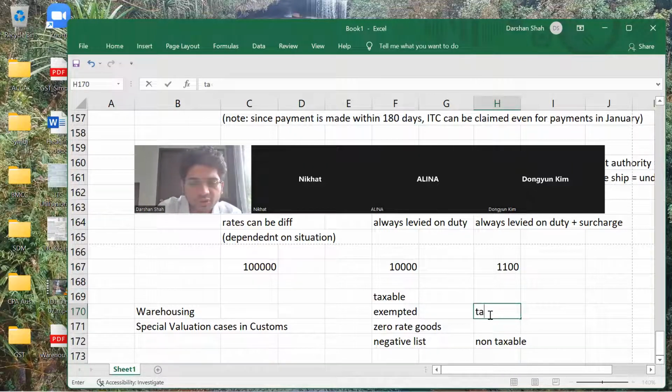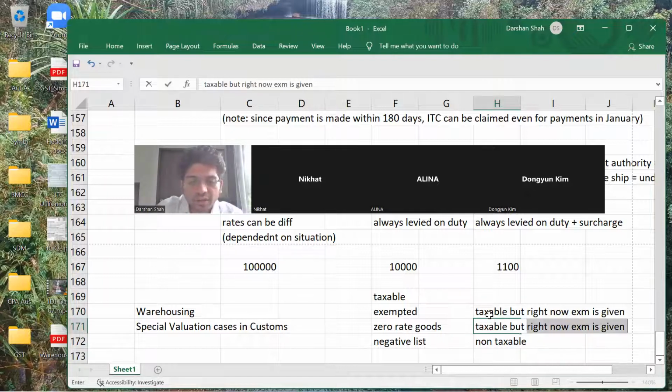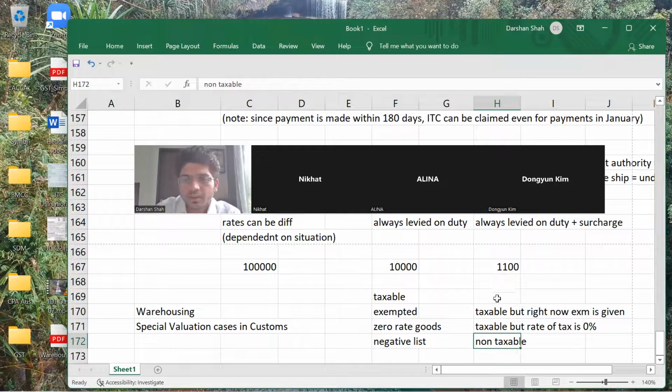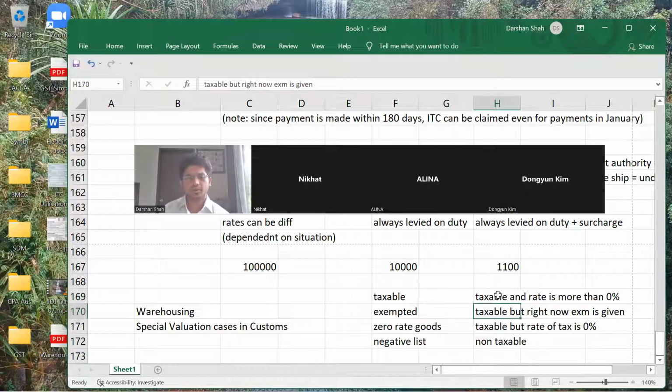Exempted goods are taxable, but right now exemption is given. Zero rated goods are also taxable, but the rate of tax is 0%. Taxable goods are taxable and the rate is more than 0%, so duty has to be paid. Got your doubt, Alina?